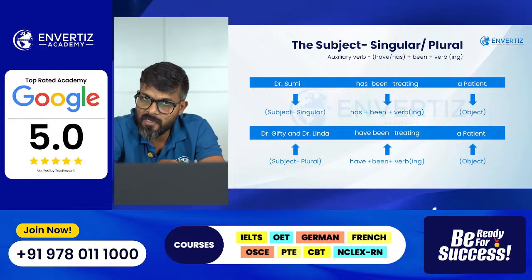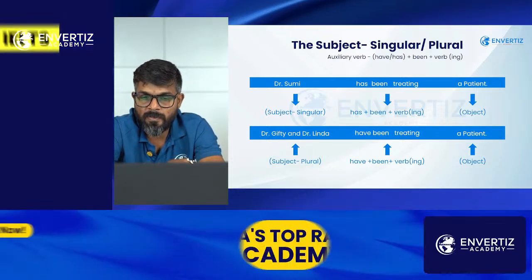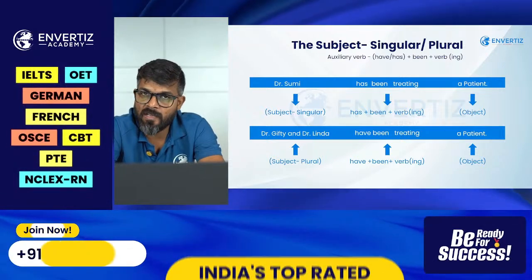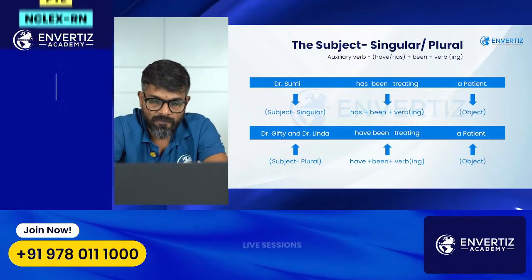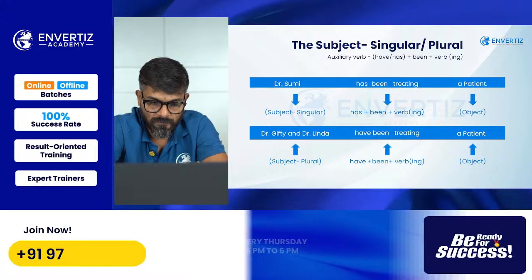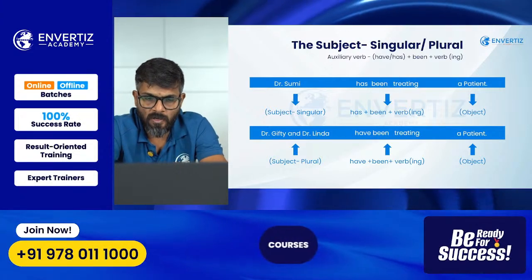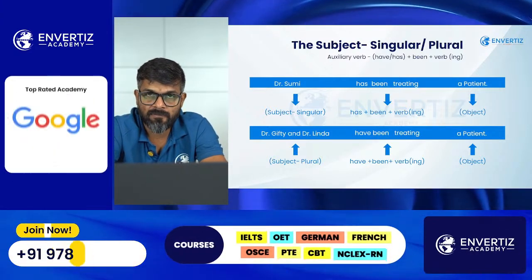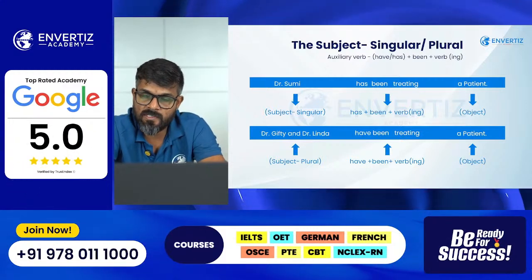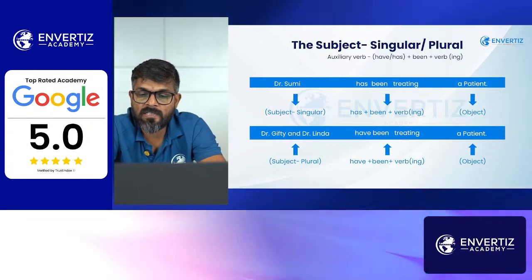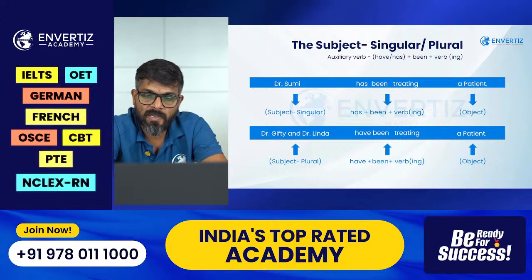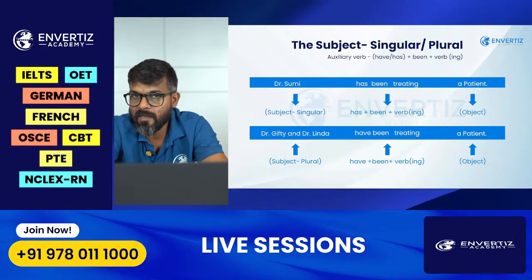Because it's also continuous tense. Dr. Sumi has been treating a patient. Now see, if the subject is a plural, Dr. Gifty and Dr. Linda, the subject, which is plural, have been treating a patient.